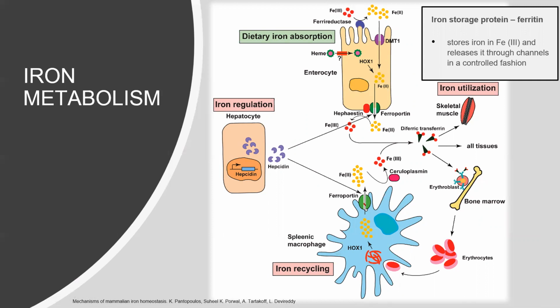We receive Fe3+ state of iron, and upon reduction to Fe2+ state, the ferrous form is absorbed. Why so? It's because it's more soluble, so it's more readily absorbed than Fe3+.